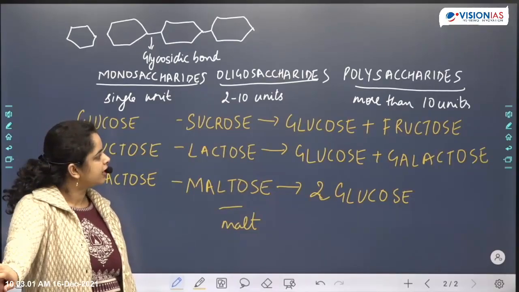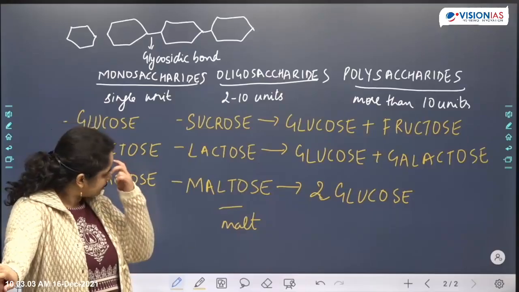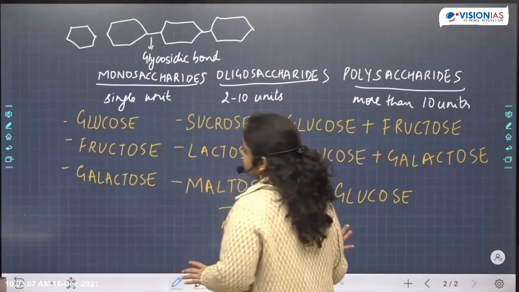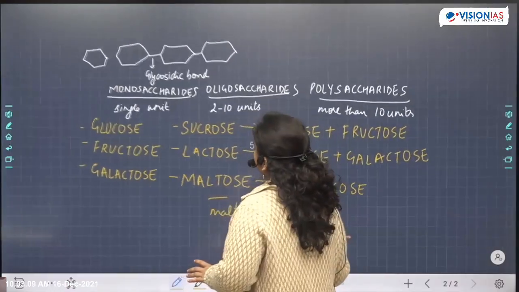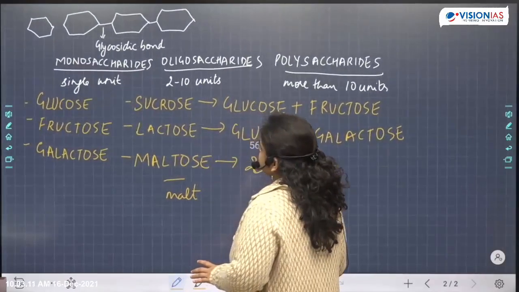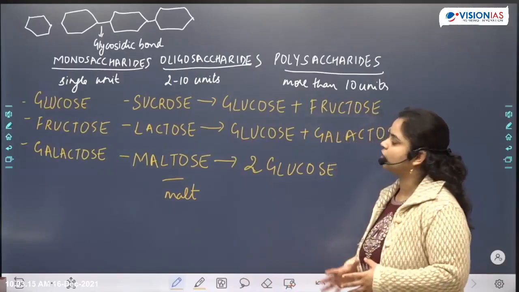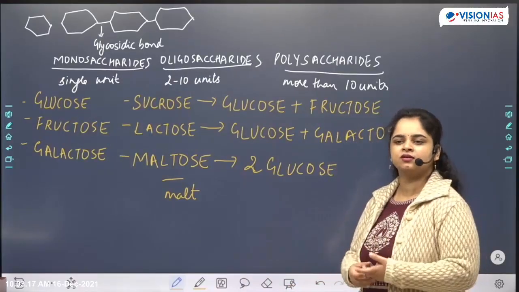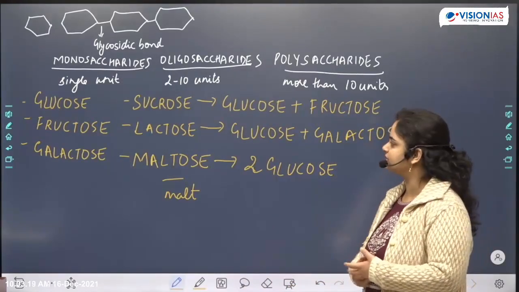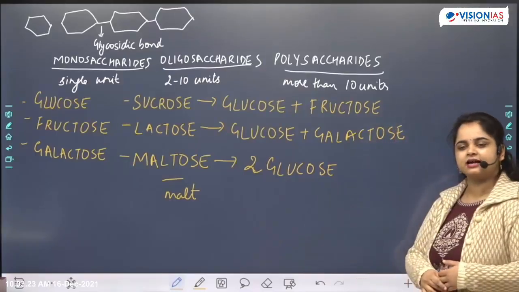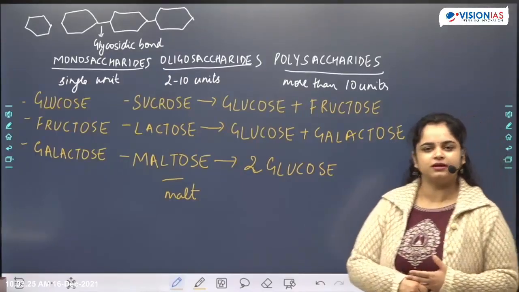Okay. Coming now to the polysaccharides. Both monosaccharides and oligosaccharides are basically the sugar or food component, the energy component. When we come to polysaccharides, the structure becomes complicated.